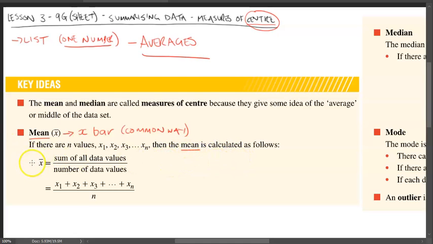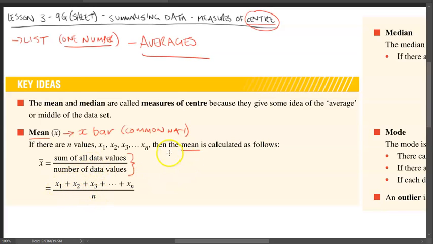To get the mean, you take the sum of all the data values and you divide it by the number of data values there are. We're just used to seeing this form of equation, but the mathematical way of writing this out is getting your x1, your x2, your x3, and so on.